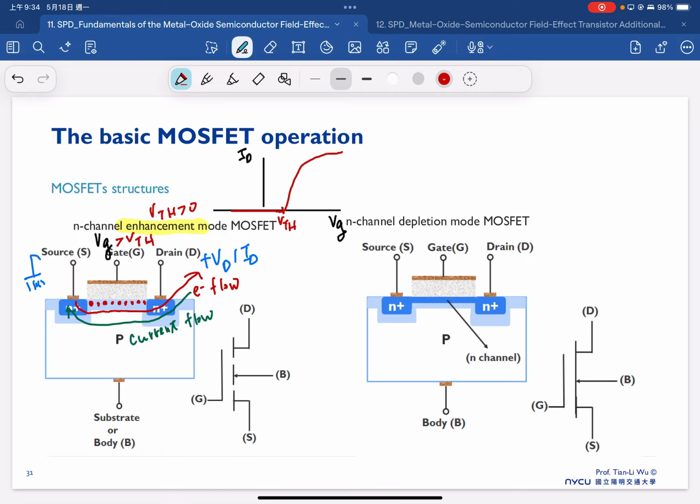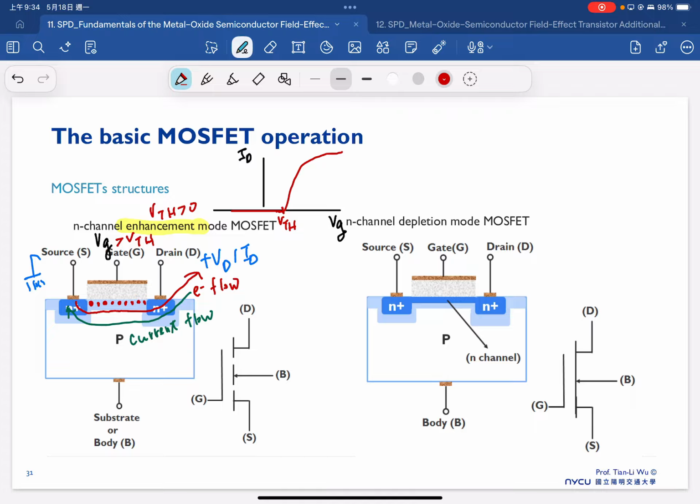So that's our typical ID-VG characteristic. The reason we call it enhancement mode is because we need to apply a gate bias larger than the threshold voltage to enhance the channel carriers, to enhance the electrons inverted in the channel. So that's why we call it an enhancement mode MOSFET.